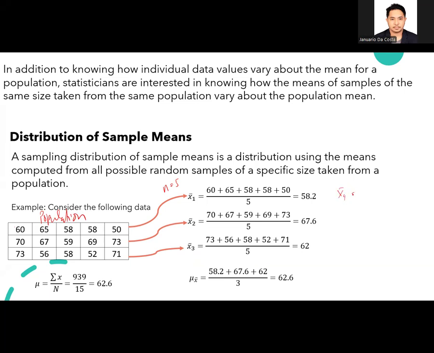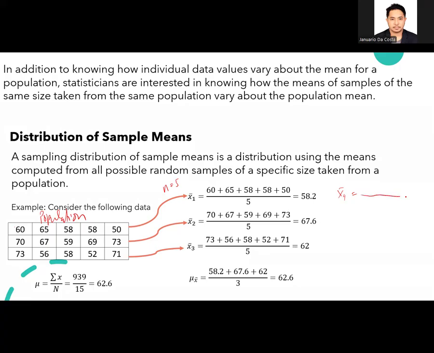Let's suppose Sophia, can you pick any number from the table? Just any number. From the population table? 73. Okay, 73.